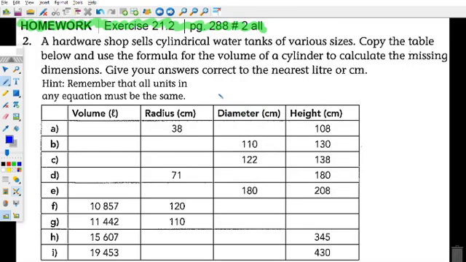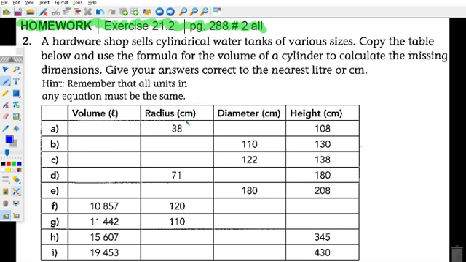Okay, looking at the next bit of the homework here. A hardware store sells cylinder water tanks of varying sizes. Copy the table below and use the formula for the volume of a cylinder to calculate the missing dimensions. Give your answer correct to the nearest liter or centimeter. Remember all units in the equation must be the same.